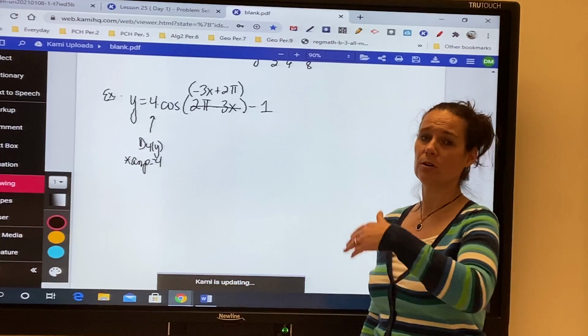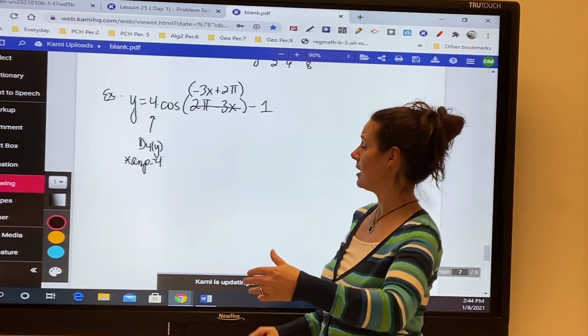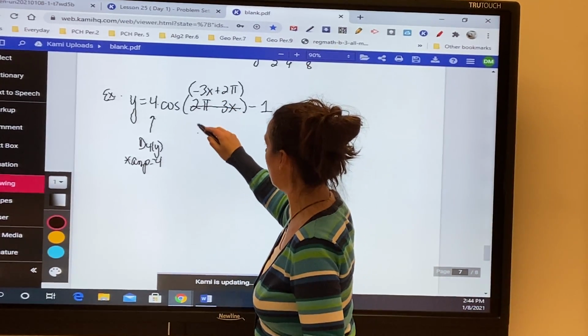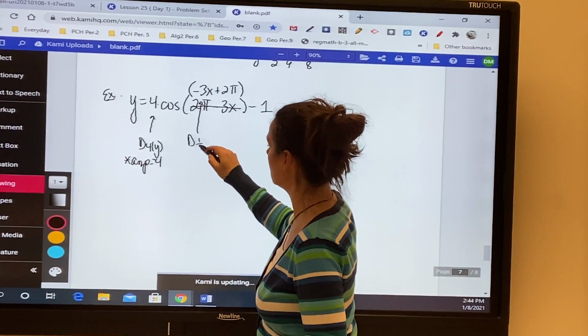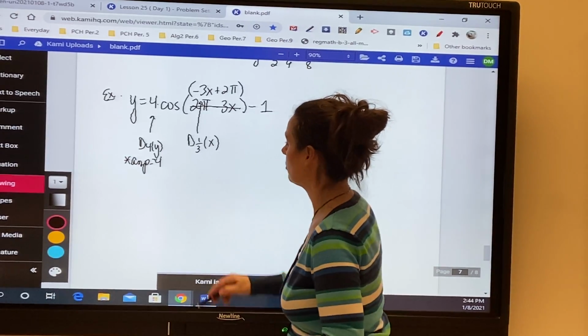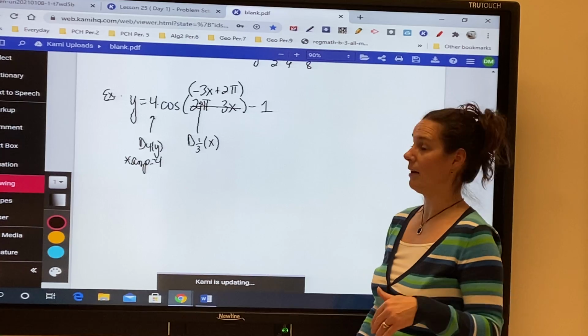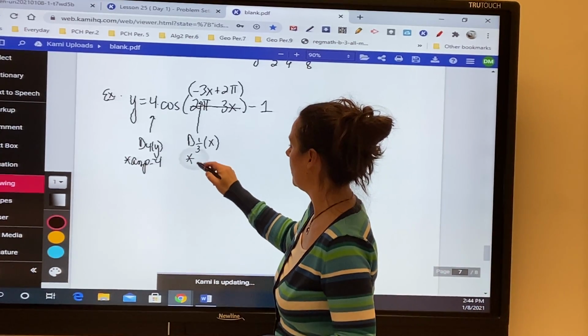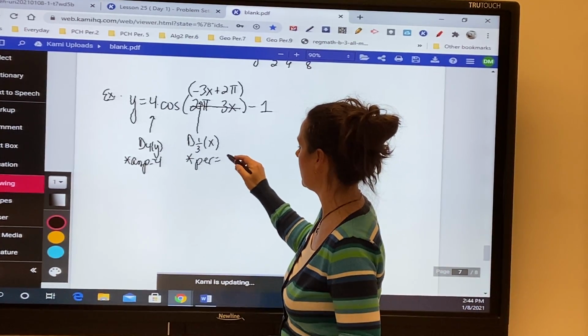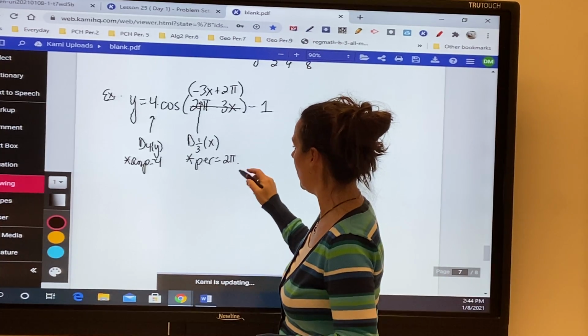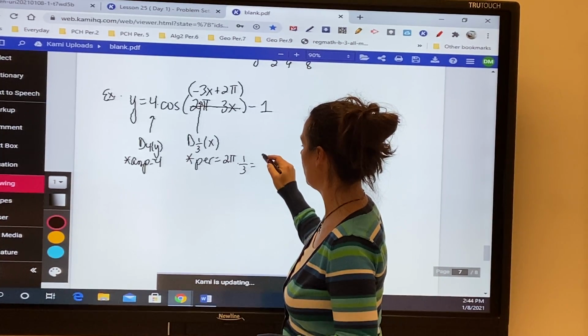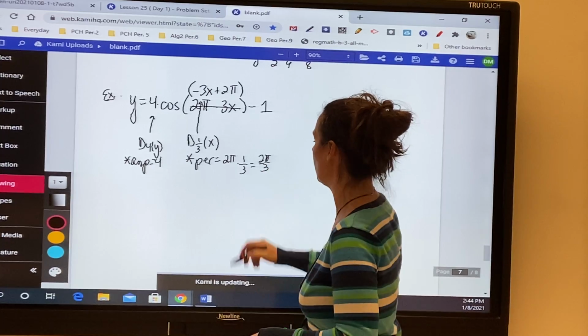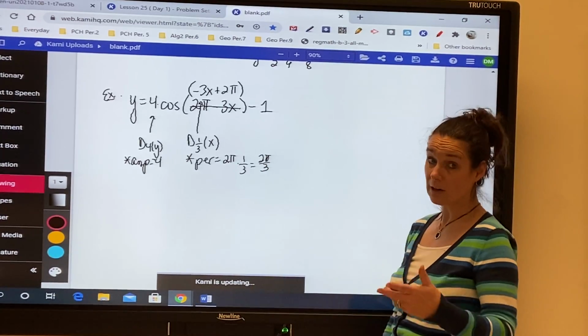It might be better to put the x term first, because then you can really see that that multiplier of 3 is what's going to give you a scale factor of 1/3 for your horizontal dilation, and that affects your period. Your standard period for sine and cosine is 2 pi, but we're multiplying it by that scale factor of 1/3, so that gives you 2 pi over 3 as your period.